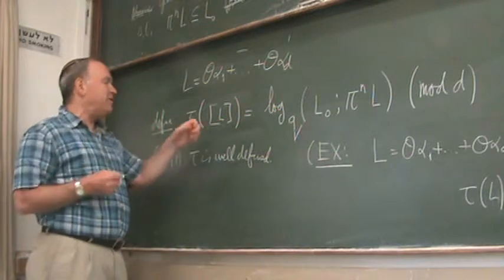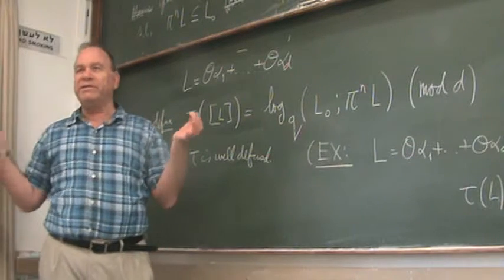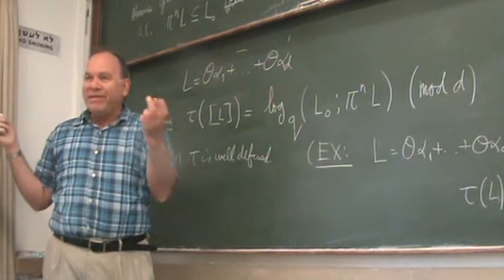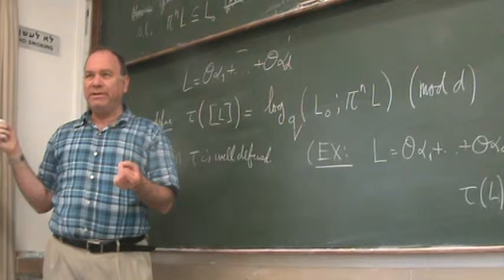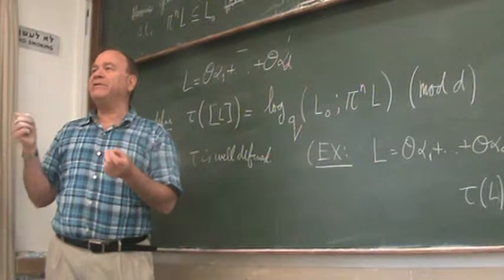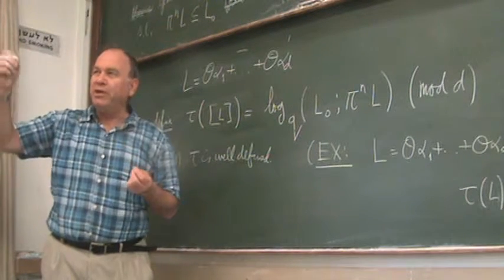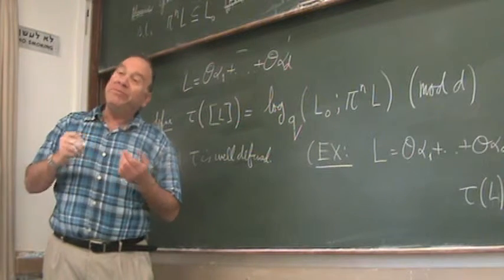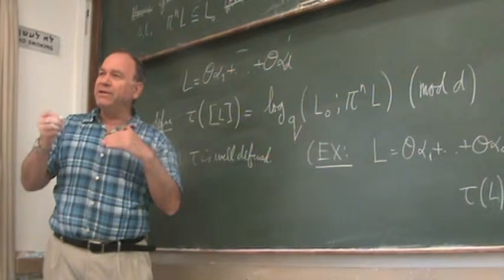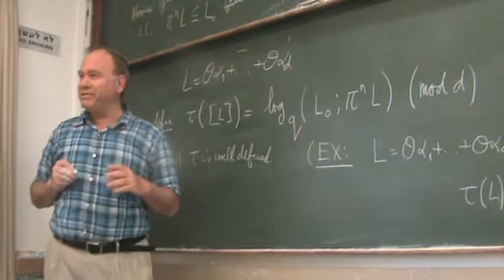You can normalize so that the volume of the standard lattice is 1, and the index really expresses one over the volume in this case.